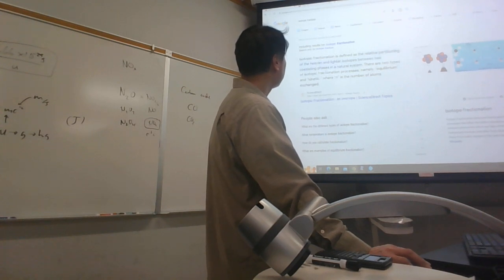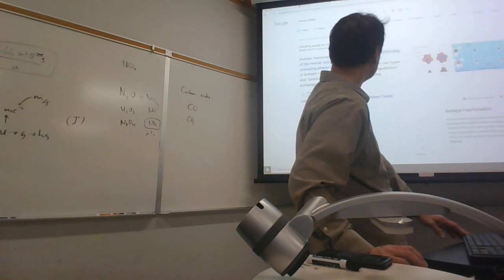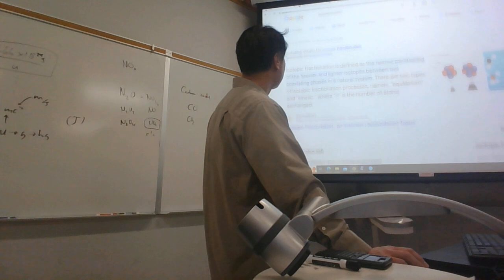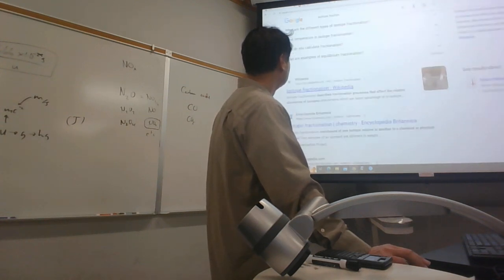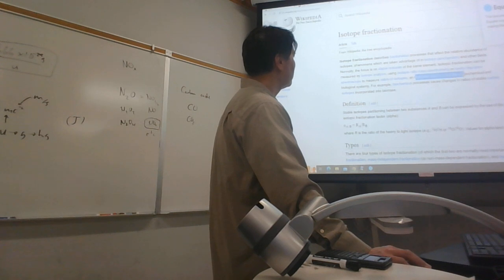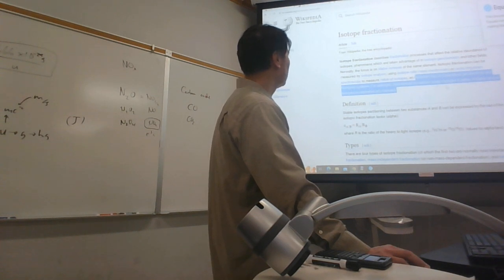But anyway, isotopic fractionation is defined as the relative partitioning of the heavier and lighter isotopes between two coexisting phases in a natural system. That makes sense. So it's an important tool to understand geochemical and biological systems. For example, biochemical processes cause changes in the ratio of stable carbon isotopes incorporated into biomass.